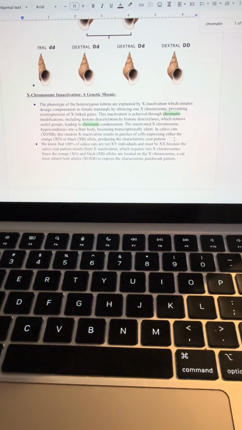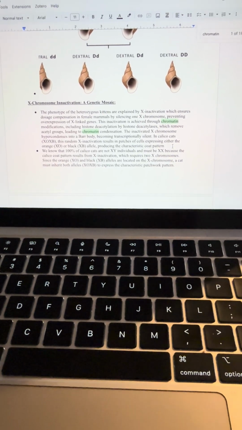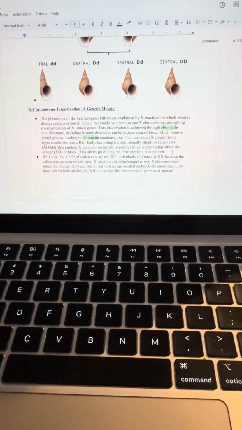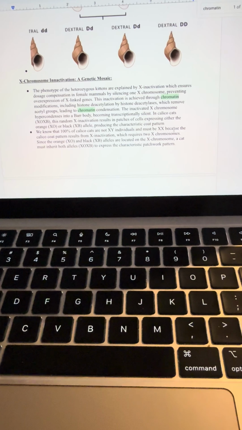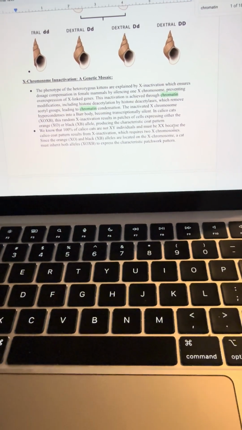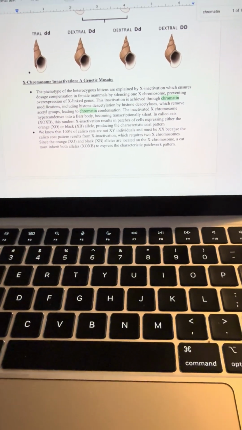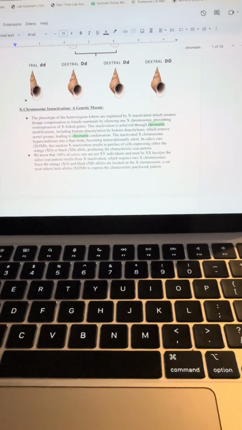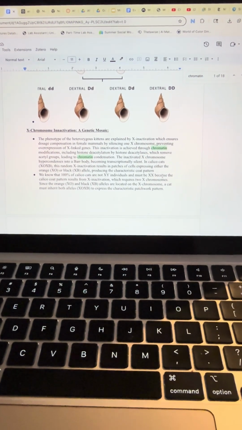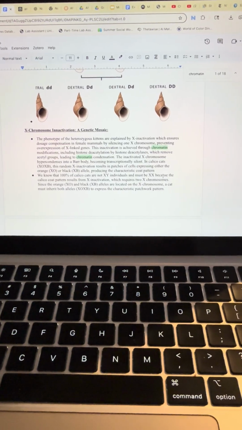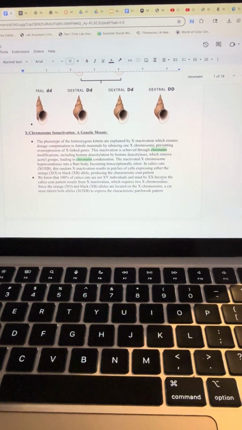In calico cats, XO XB, this random X inactivation results in patches of cells expressing either the orange XO or black XB allele, producing the characteristic coat pattern. We know that 100% of calico cats are not XY individuals.